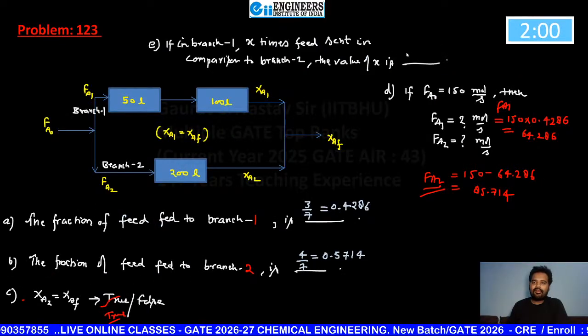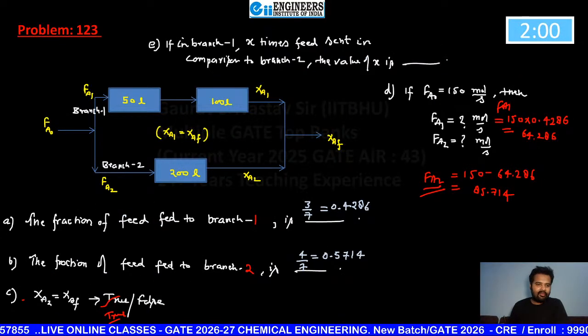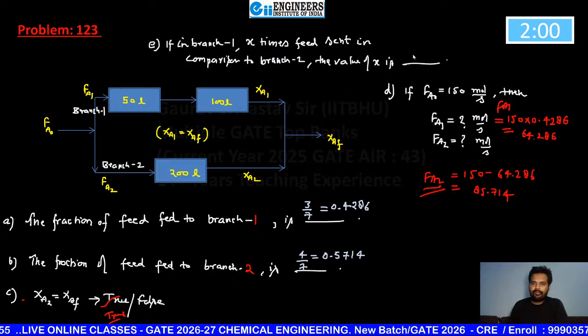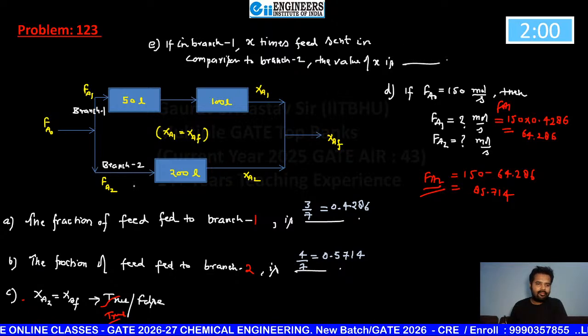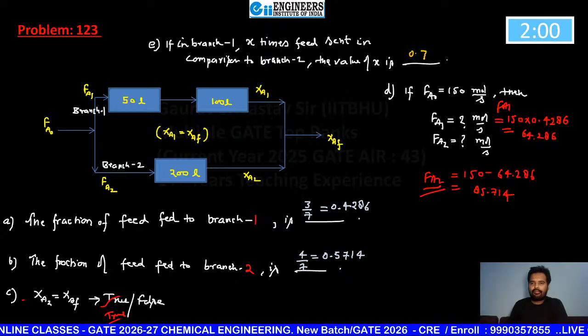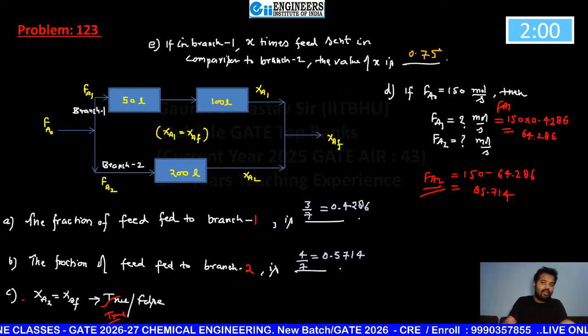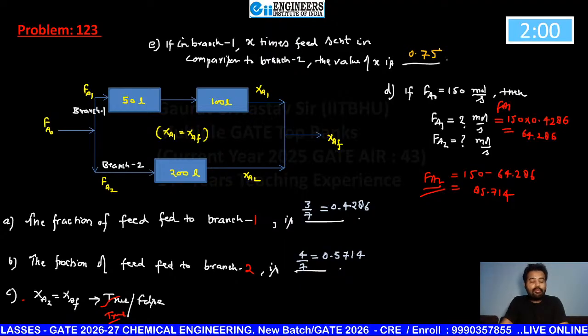So here answer is 0.75. Done? Yes sir. Okay, so now can we proceed beta? क्या हम आगे बढ़ सकते हैं?